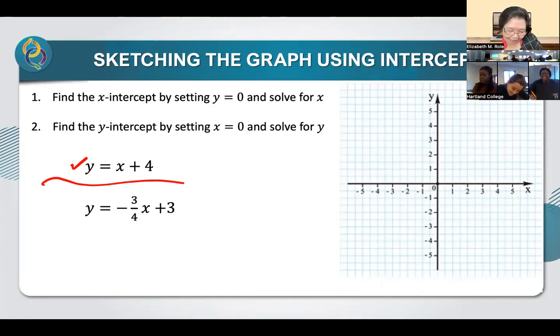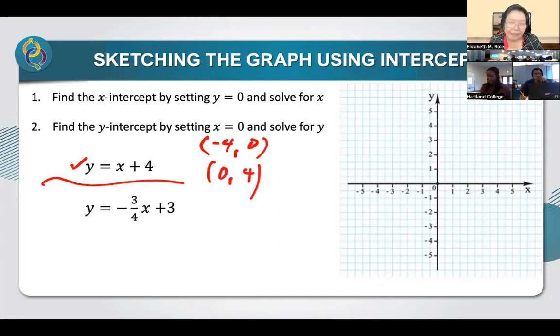All right, so you're now saying your coordinates would be, for the x coordinate, y is 0. It is now -4, 0, and 0, 4.